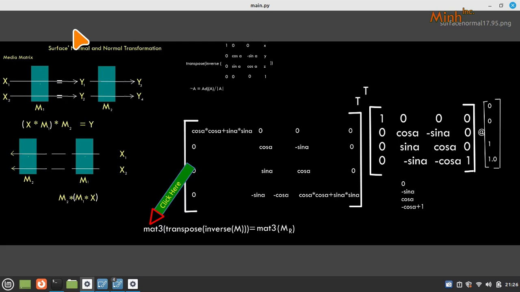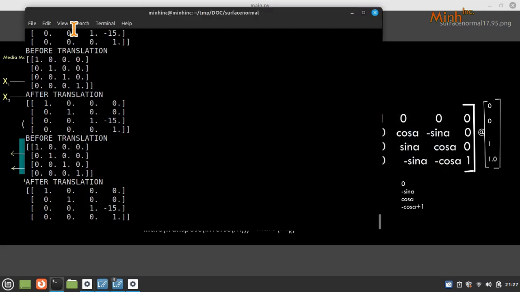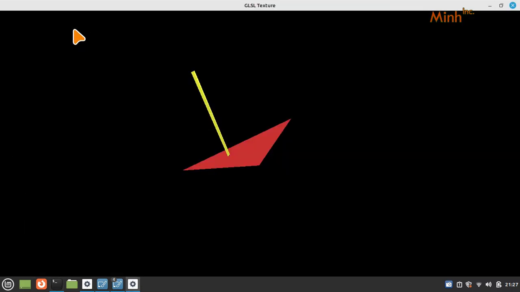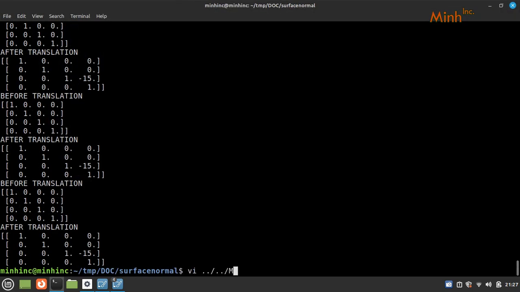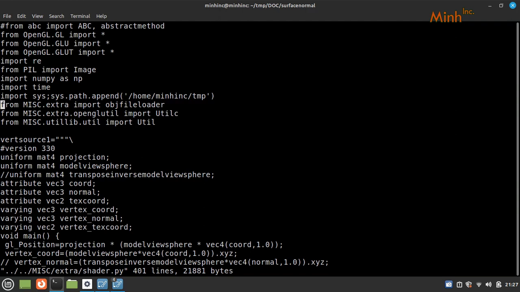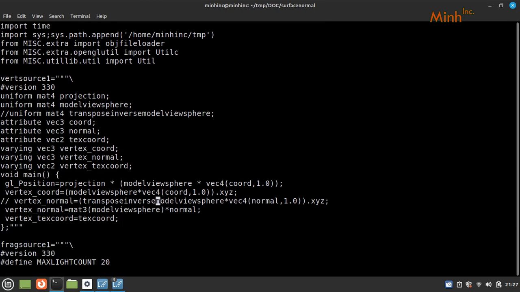Okay, so in the OpenGL shaders code, I'll show my shader software code. Generally what we do, we calculate transpose inverse of the model, and whenever we have to do transformation in the normal, we go with the transpose and inverse.